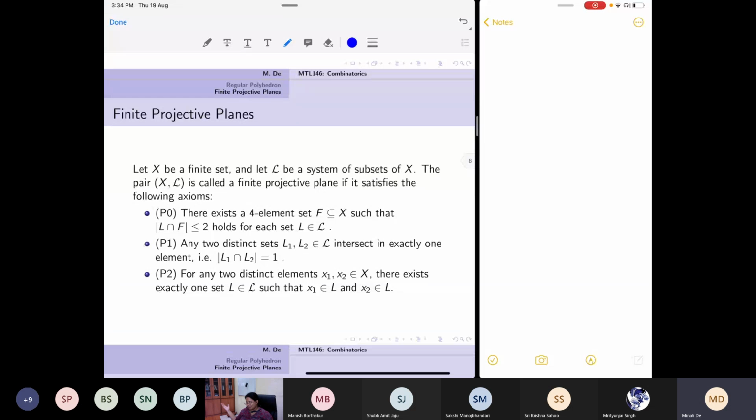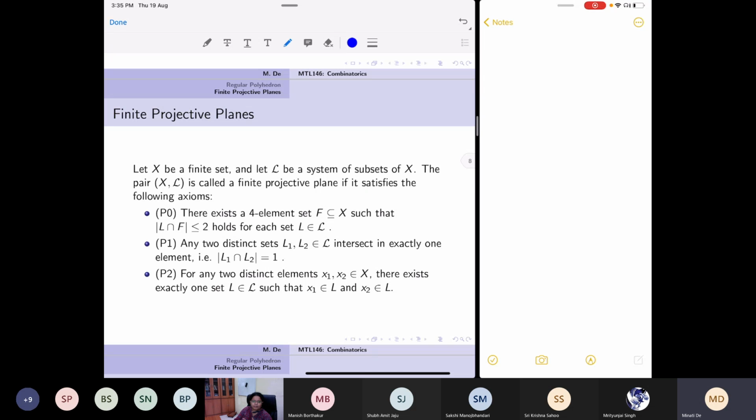Though the motivation came from geometry, it's not limited to geometry. It's basically talking about a set system: you have a set of elements and a system of subsets of that set. If they satisfy certain properties, then we refer to that set system as a finite projective plane.